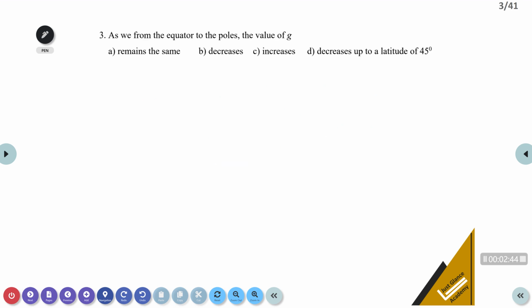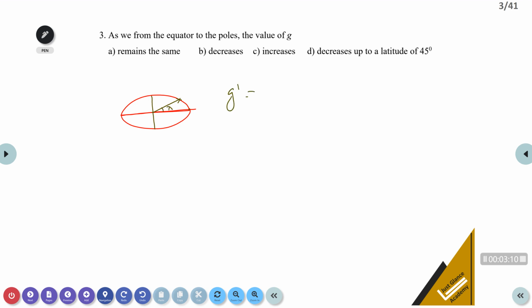Next, quickly. As you move from the equator to the poles, the value of g. For this, you have to use an equation. We know that Earth is elliptical in shape. This is called the major axis, and this is the minor axis. Suppose an object or satellite is here, at this angle lambda.